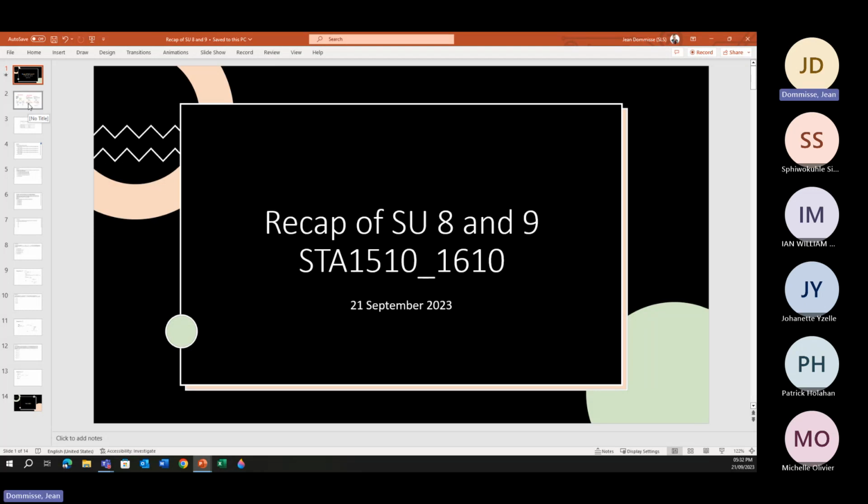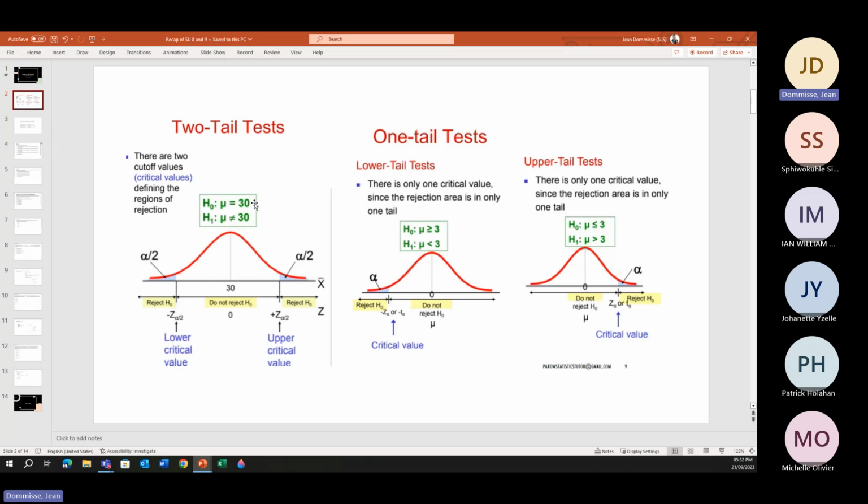Okay, so the first two things, it's not about any of the questions. I just thought again it's important to bring the one tail and the two tail, just because we're using it so much.